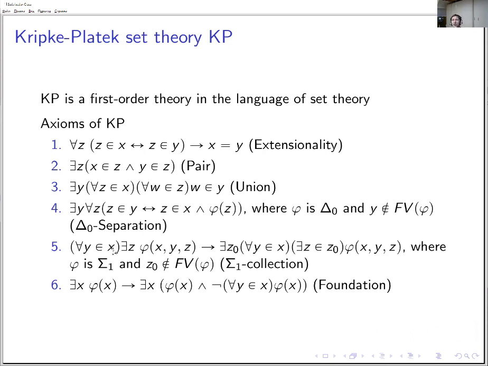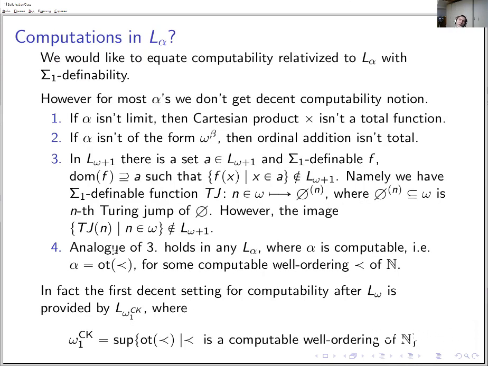But actually replacement is a more restrictive axiom, because in order to apply it you would need not just to guarantee that something exists, but that there exists a unique object with the given property, so collection is easier to apply. If we go back to our discussion of computation, collection corresponds to this property.